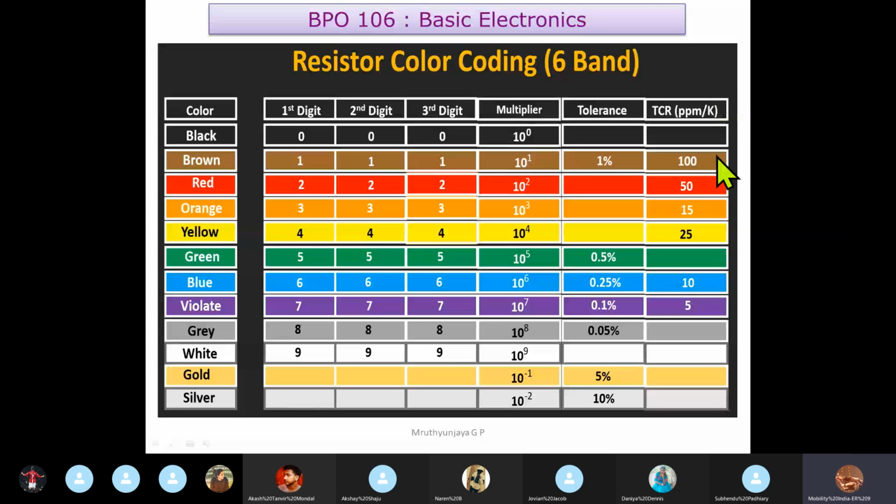If it has red as the 6th band, the same variation will be 50 ohms per megohm. Similarly, if it is violet, it is 5 ohms per megohm. A very highly stable resistor has a violet band. That will be the understanding.